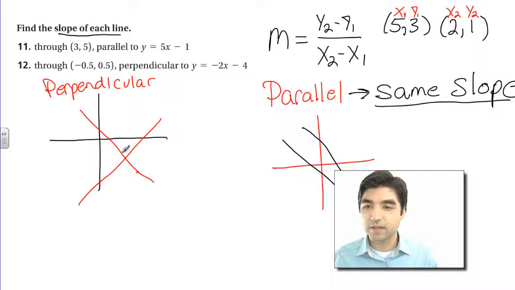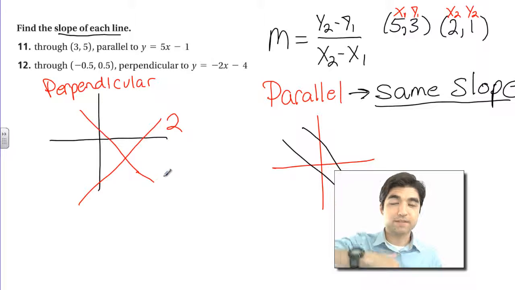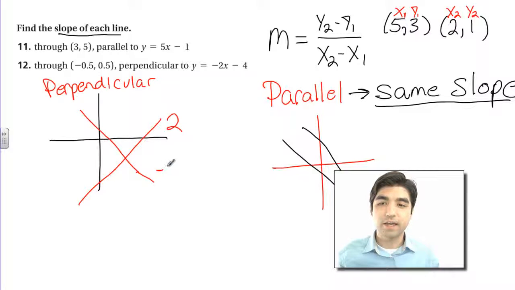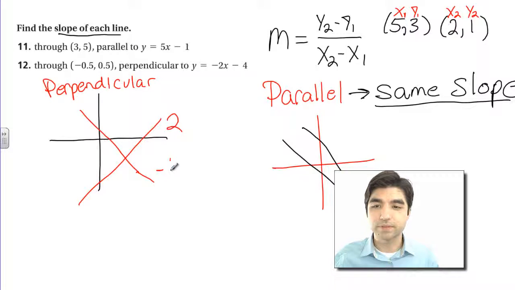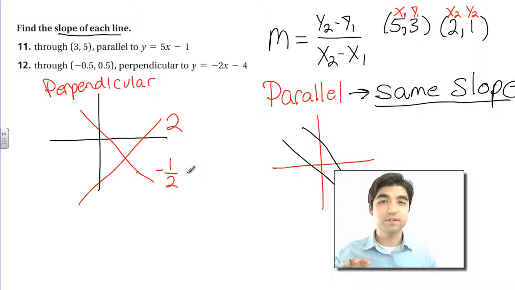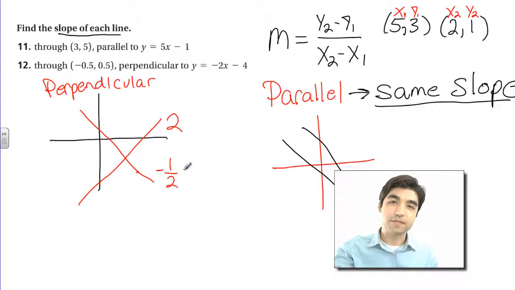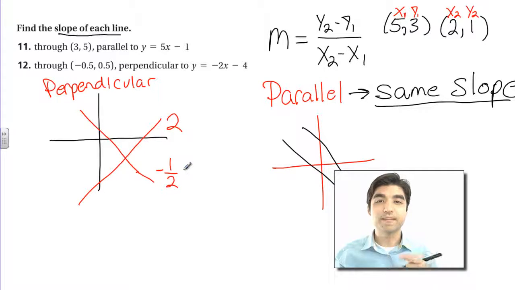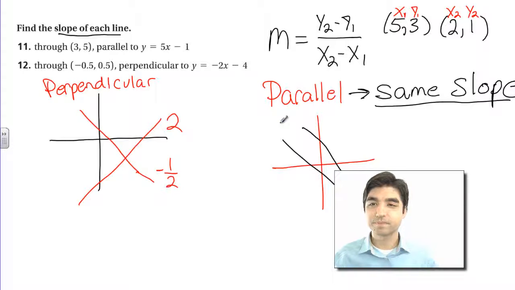If this line has a slope of 2, this line would have, it's going down, so it's a negative, and then you flip the 2, so it's the reciprocal, so it's negative 1 over 2. This is actually called the negative reciprocal. So you take whatever number is there, you flip it upside down, and then you make it the opposite sign.